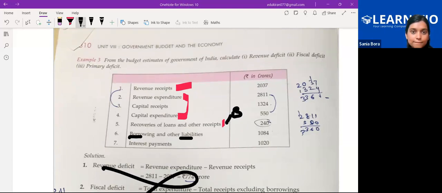Okay. Then the primary deficit, interest payment.